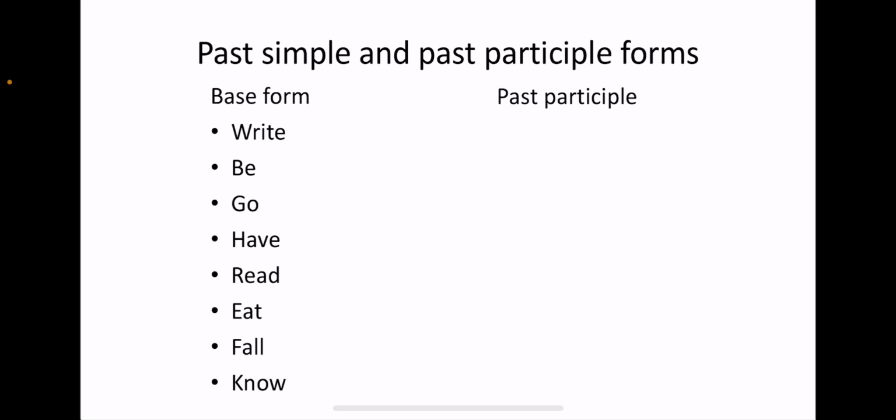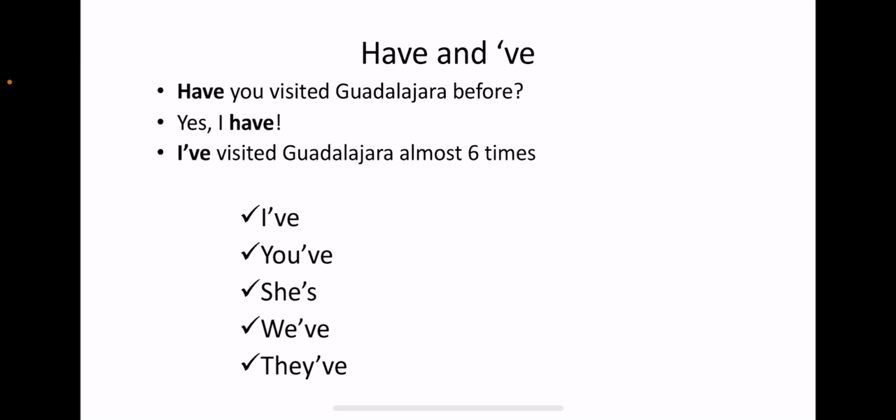Now, participle forms are important in the structure of present perfect. And the difficult part of participle forms is in the irregular verbs, because regular verbs are the same. If you check my example here, visited is the past of visit, and the participle form is also visited.